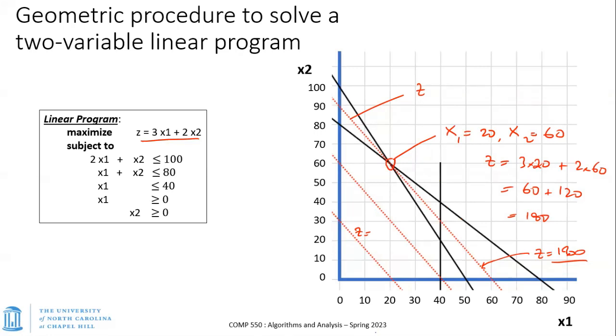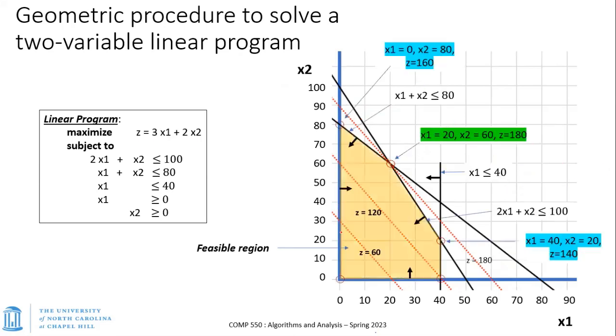But if you think about the complexity of this process, what happens when you have n equal to 3? What do you think the geometric shape would look like? This was a two-dimensional shape. This was the solution for a two-dimensional shape.